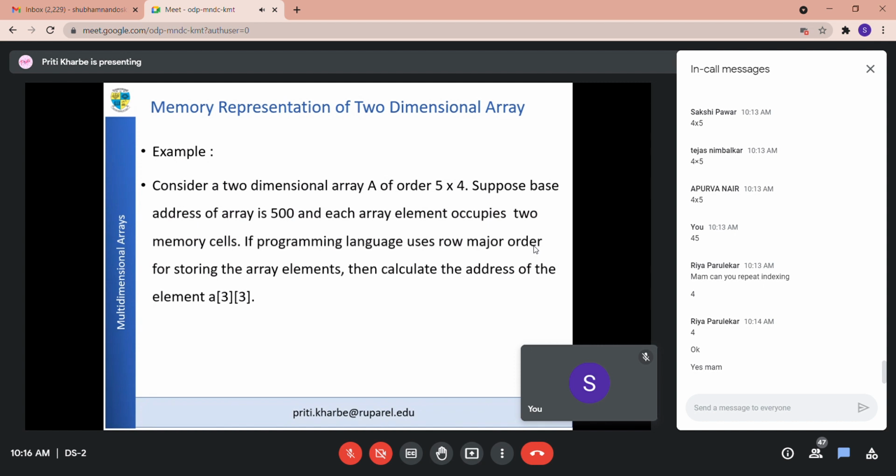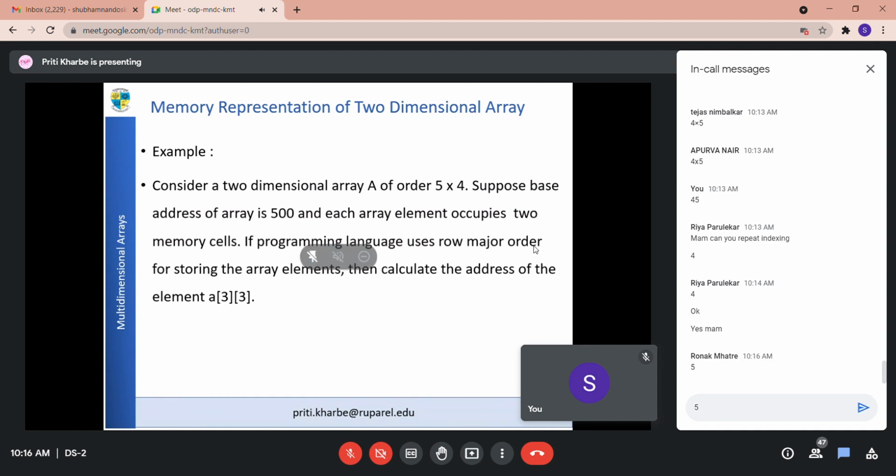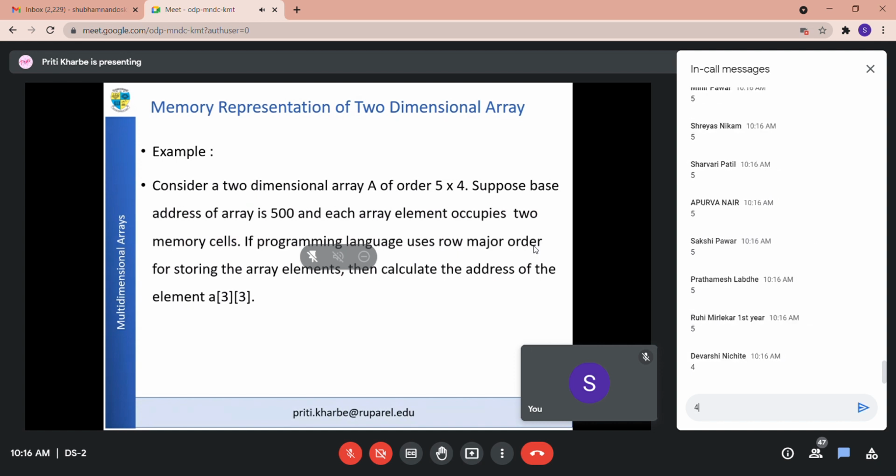Okay. So total how many rows are there in this matrix A? 5. Columns? How many columns? 4. How many elements? Total number of elements? You said dimension is 5 by 4.